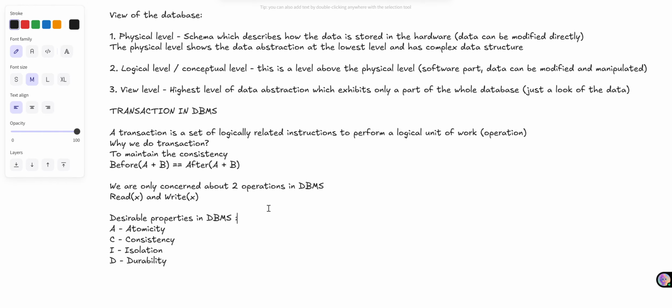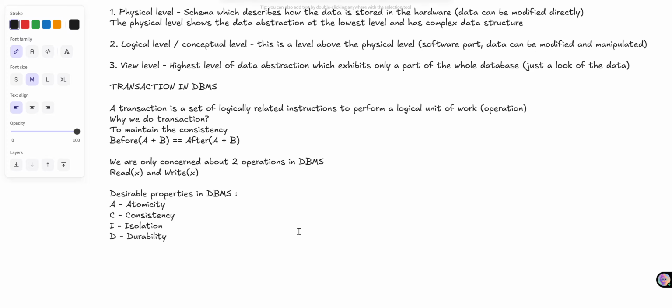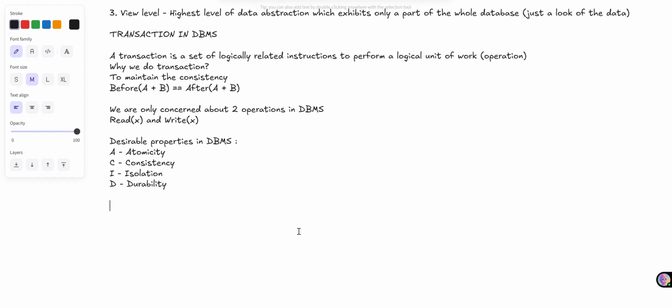I can write here like this. Now what I can say is that instead of focusing on the database, we can focus on the transaction of our data to make our database consistent.